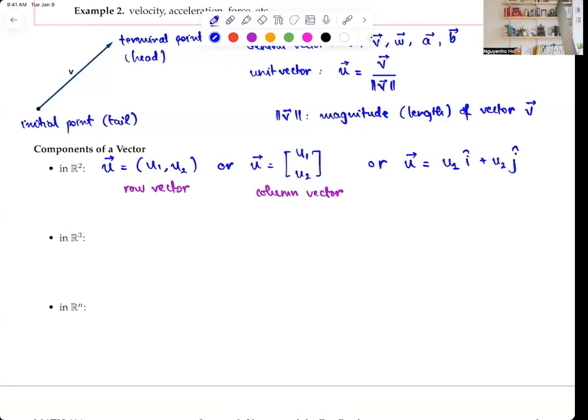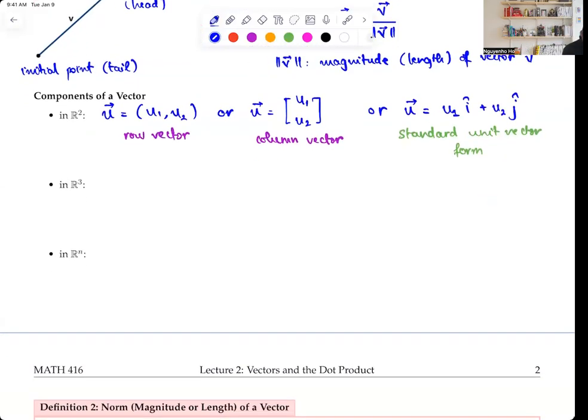This form is called the standard unit vector form, because you have standard unit vectors in your representation. So that's 2 dimensions. In 3 dimensions, you just add one more component to the vector.